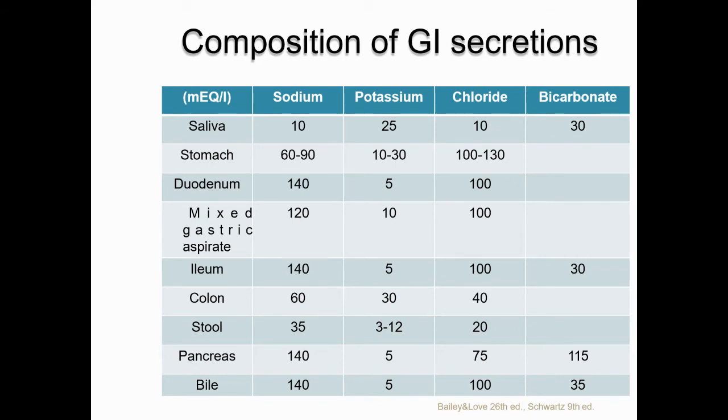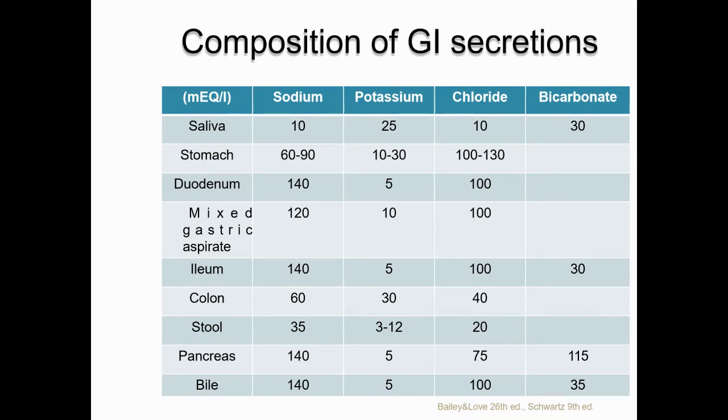In stool, we can see 35 of sodium, potassium about 3 to 12, and chloride about 20. In the pancreas, the amount is just like the duodenum: 140 milliequivalents of sodium, potassium about 5, chloride about 75, and bicarbonate higher in the pancreas, about 115.